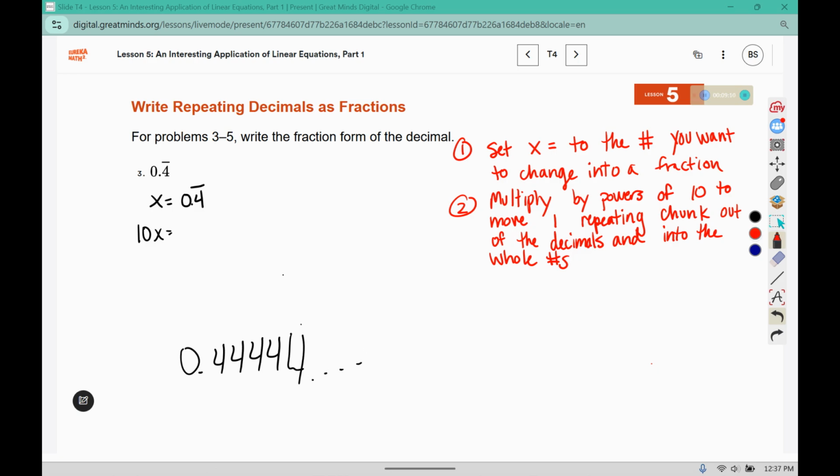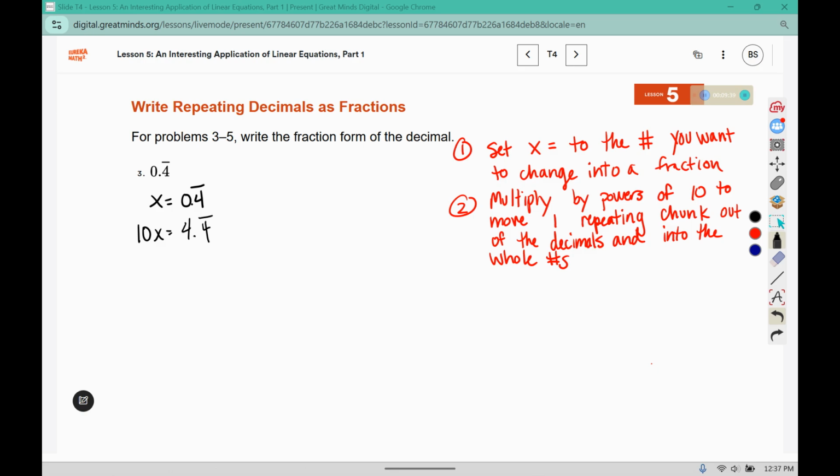So when I multiply by 10, it moves this decimal to this location, which would be 4, with a bunch of 4s after it that are repeating. If instead you had something like 47 repeating, we would multiply by 100 to move the decimal 2 spots, which you'll see in future lessons.